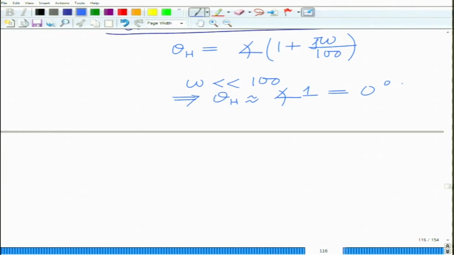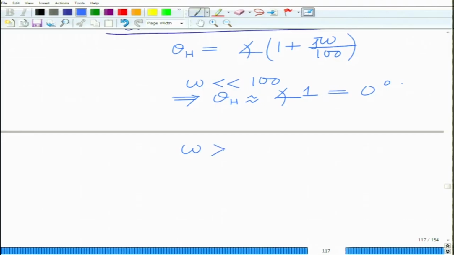Okay. Now, for omega significantly larger than 100, this will be approximately j omega by 100, whose angle is pi by 2. Okay. So, for omega much larger than 100, this implies theta H is approximately equal to j omega, where this is purely imaginary.